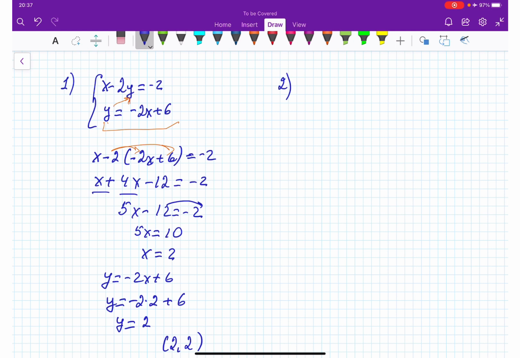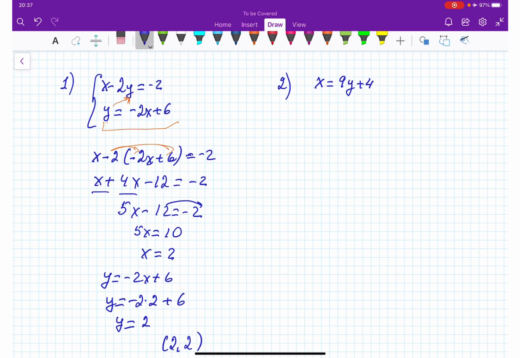Next one, solving with the method of substitution. x is equal to 9y plus 4 and x is equal to 5y plus 8. Okay, method of substitution.